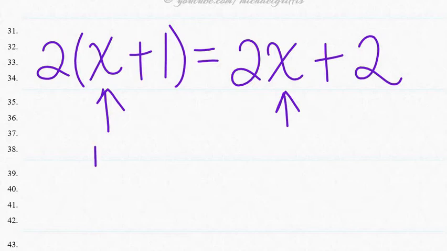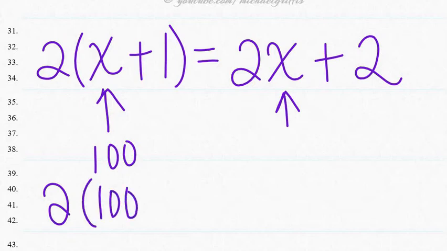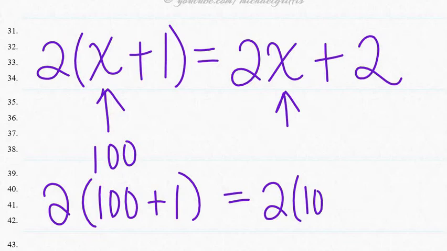Let's pick 100. All right, so 2 times 100 in parentheses plus 1 equals 2 times 100 plus 2.